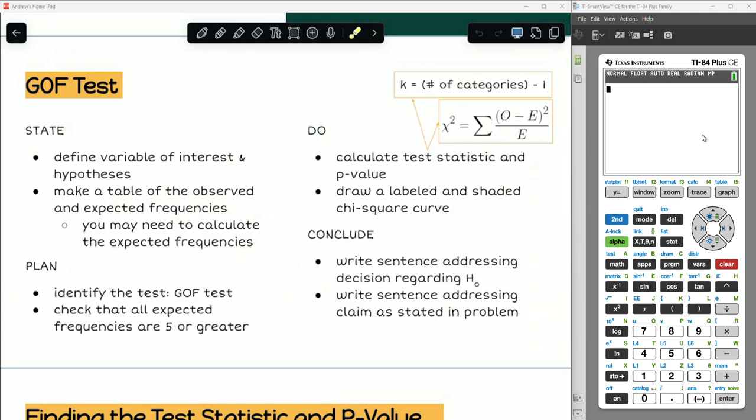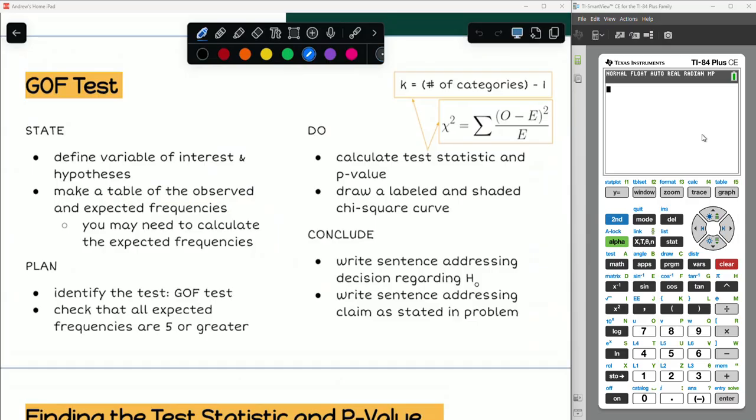And in general, calculating these expected frequencies is going to fall into one of 2 categories. We will either be told that the values are split equally among all of the categories for our variable, in which case I'm just going to take the sample size and divide it evenly by the number of categories.